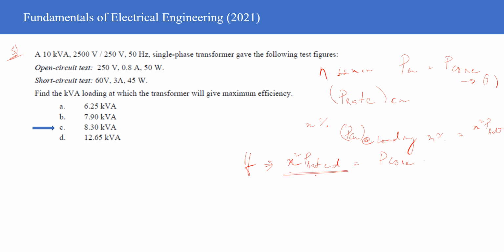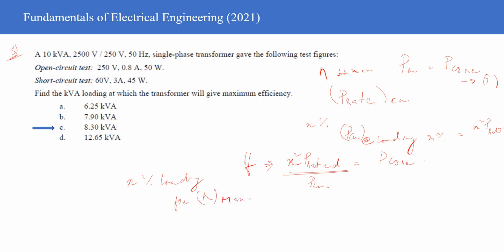Because this is your new copper loss, right? If this is the situation, then I can say that you have to have an X% loading to ensure that the efficiency is maximum, for N max.